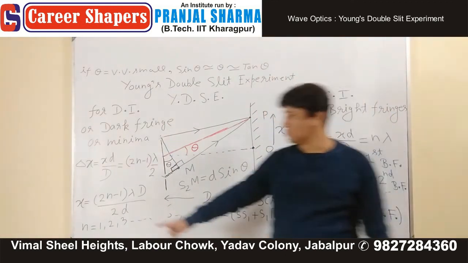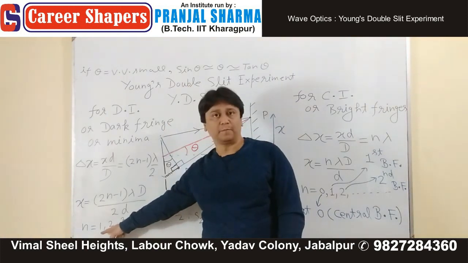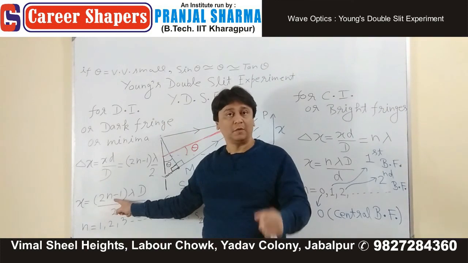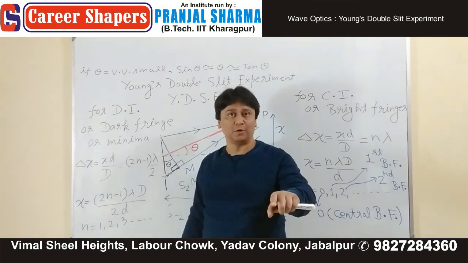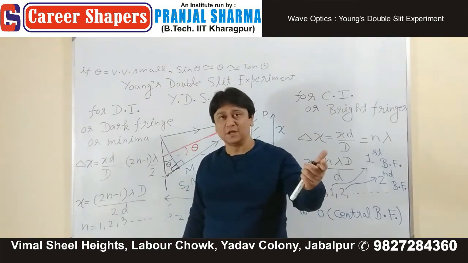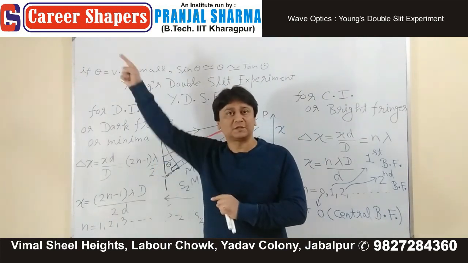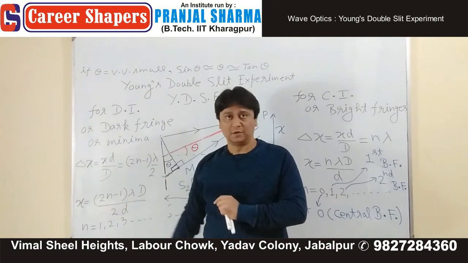That's the reason we do not choose n equals to 0. If somebody decides to use 2n plus 1, they can start with n equals to 0, but that makes no sense. The problem will be n will be 0 and you'll be calling it first minima or dark fringe.